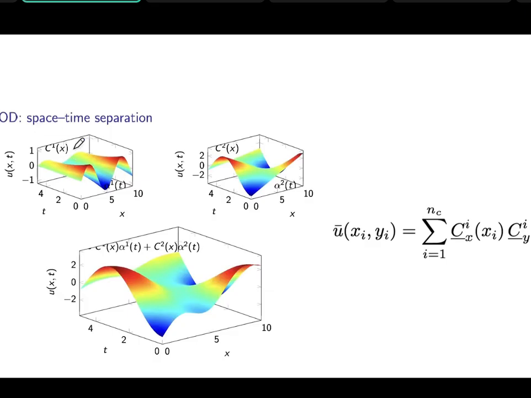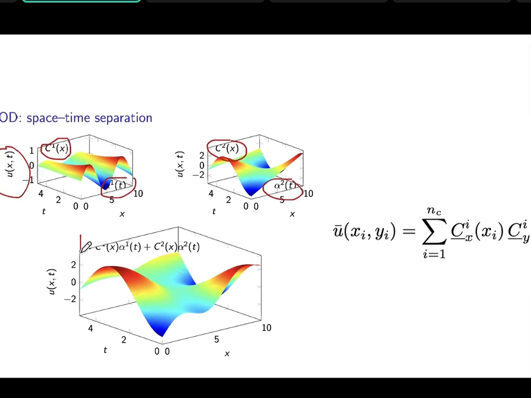So we have one function u, which is a function of space and time, and we have two spatial functions, c of x, and two time functions, alpha 1, alpha 2.